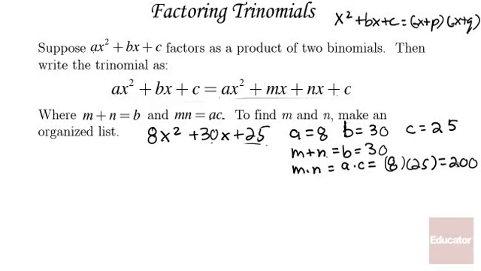Once I know that, I can make my list. I need to look at this 200 and say, okay, I want to find factors of 200. And these are going to be possibilities for m and n. This is going to help me find m and n.